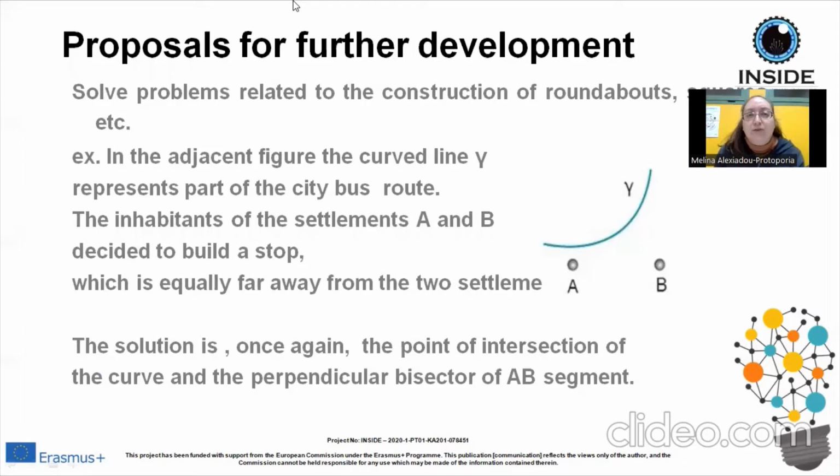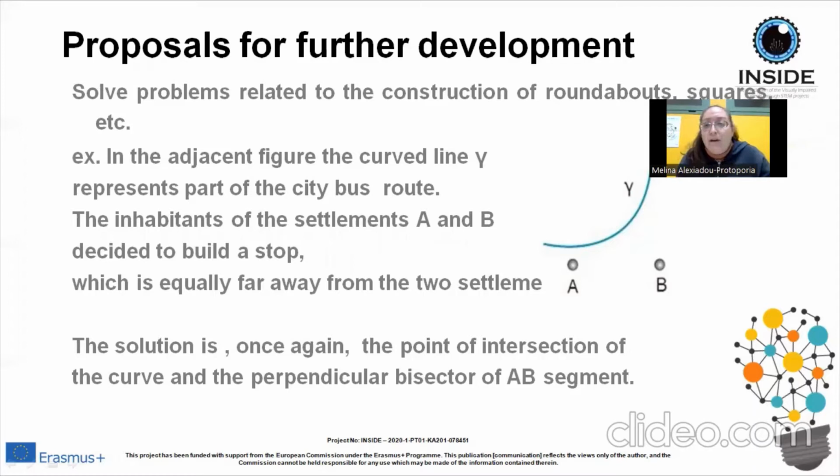We have some proposals for further development. We ask the students to solve problems related to the construction of roundabouts, squares, and so on. We have here an example. We have 2 villages and 2 settlements.